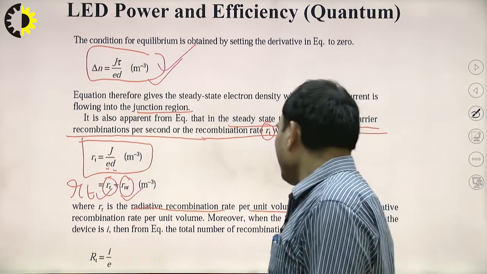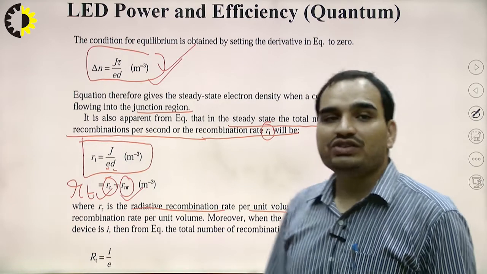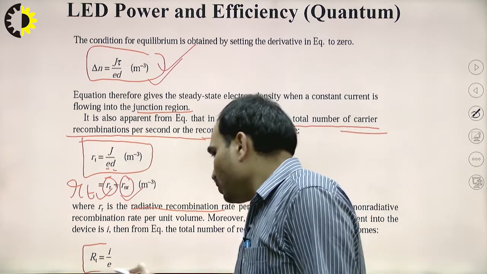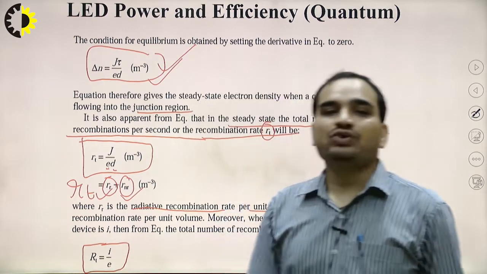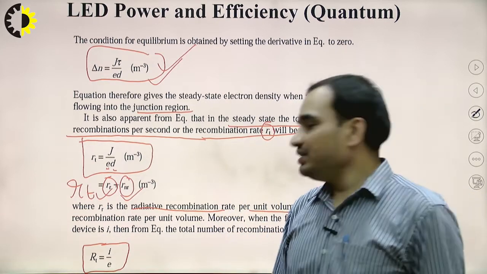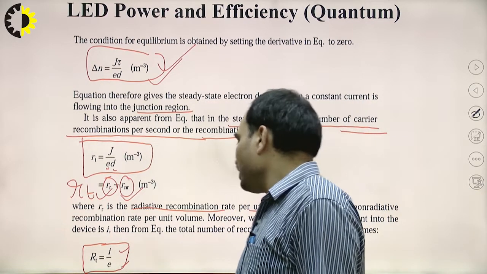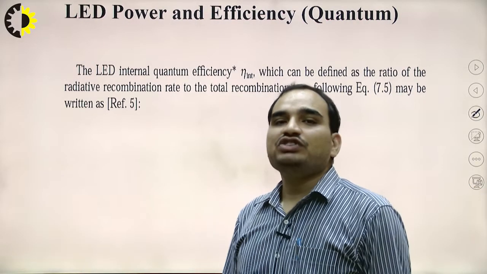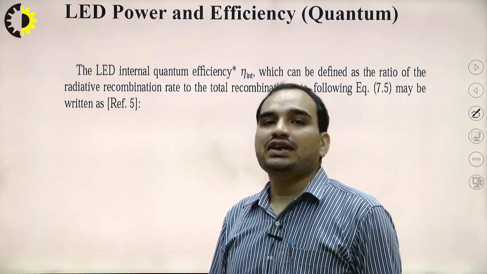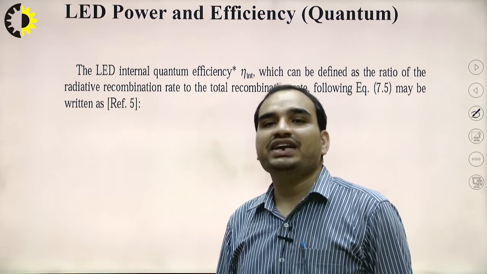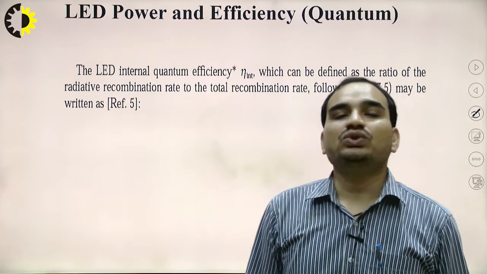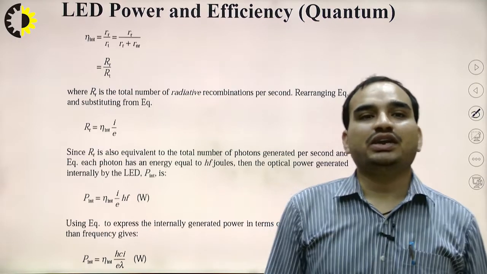Moreover, when the forward bias current into the device is I, the total recombination rate can be calculated as the current divided by the charge on the electron. The LED internal quantum efficiency, η_int, can be defined as the ratio of the radiative recombination rate to the total recombination rate.